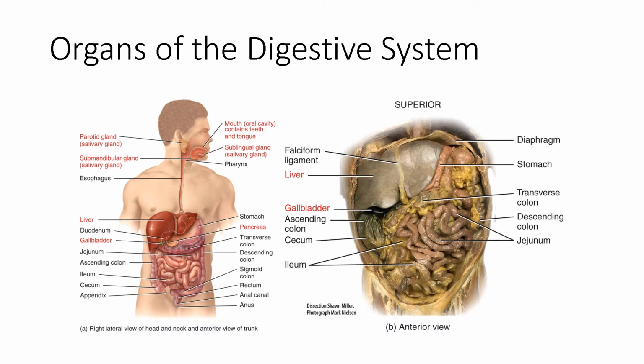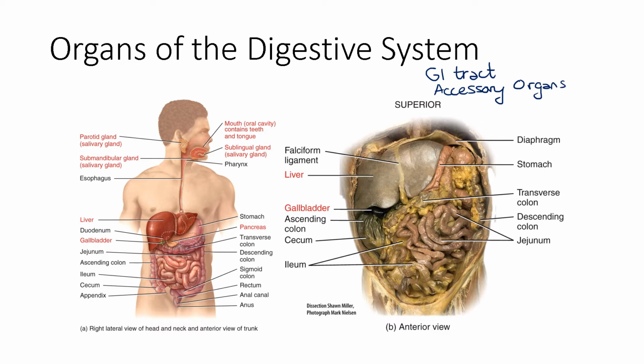So two groups of organs make up the digestive system. These are the GI tract and then the accessory organs. So GI tract stands for gastrointestinal tract.